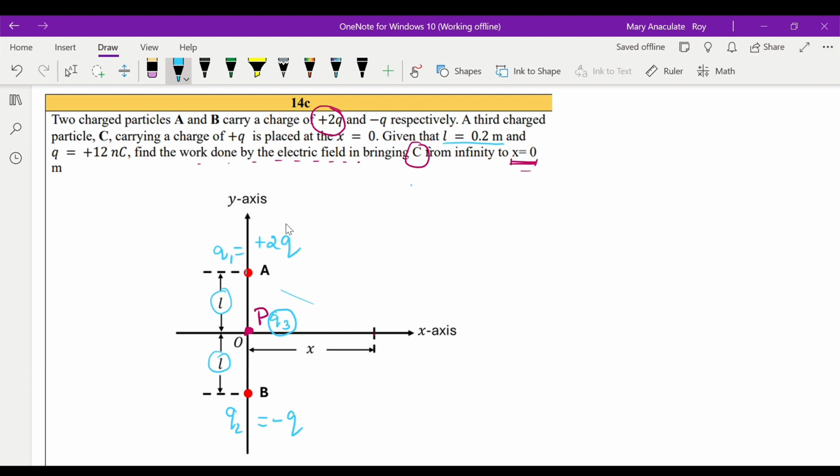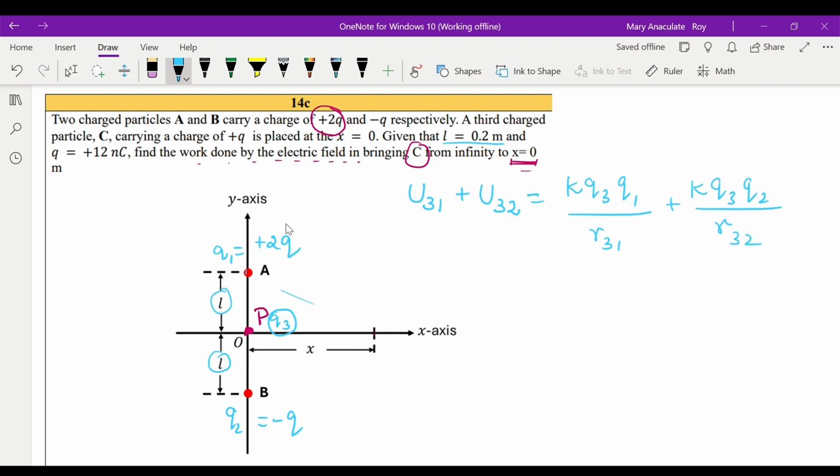So Q3 has to do work against Q1, it has to do work against Q2 as well. So that will be the total energy required to bring the charge from infinity to P. I hope that's clear. So we'll expand the formula. K Q3 Q1 over R31 plus K Q3 Q2 over R32.